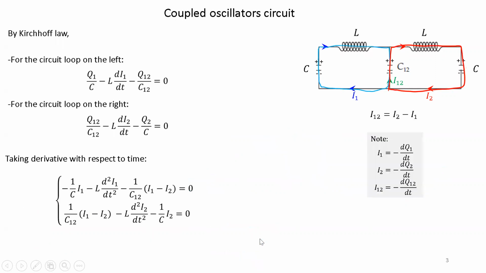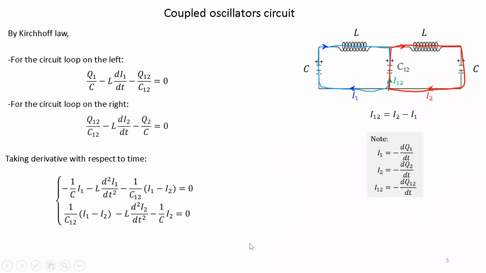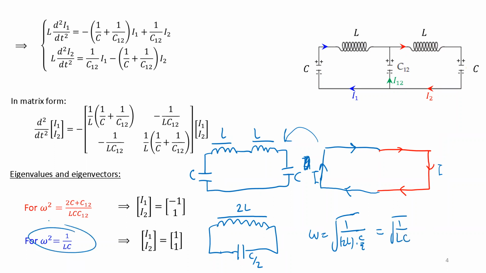In the simple harmonic oscillator case, we know that omega is the square root of 1 divided by LC. In this case, omega would be the square root of 1 divided by 2L times C divided by 2, and that would be the same as 1 divided by LC. So that's what we have over here.